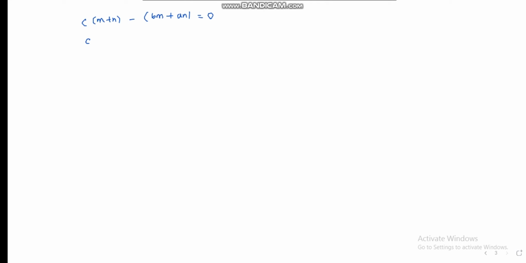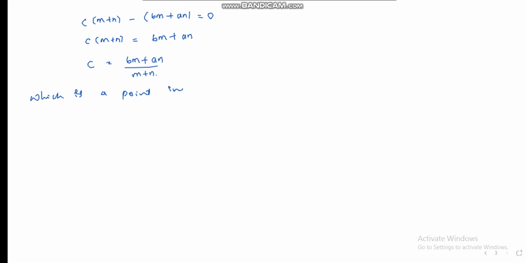So c into (m plus n) minus (bm plus an) equals 0. Transferring, c into (m plus n) equals bm plus an. So c is equal to (bm plus an) divided by (m plus n).